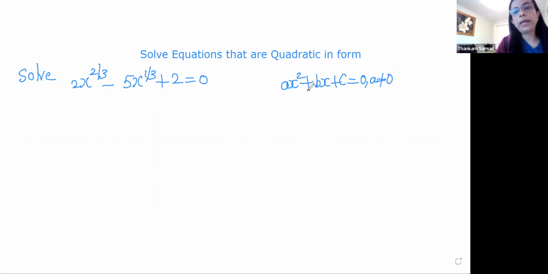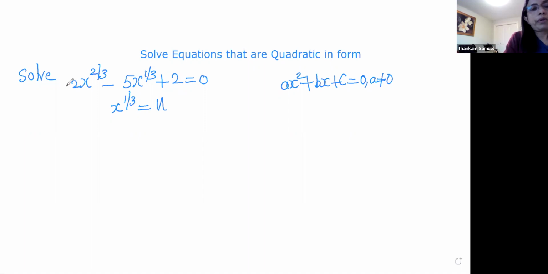For that, let's give the substitution x^(1/3) as u. So usually we use u as the substitution variable. So we can give the substitution x^(1/3) equals u.